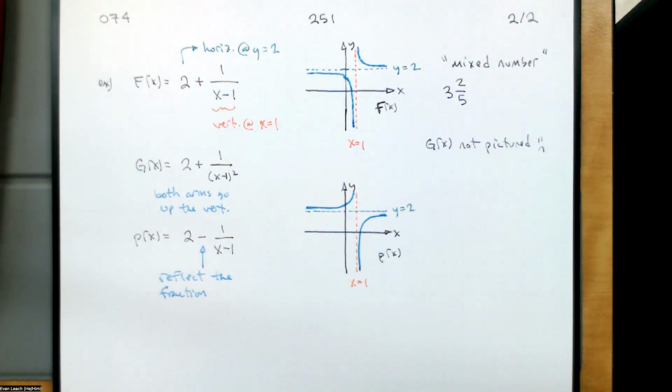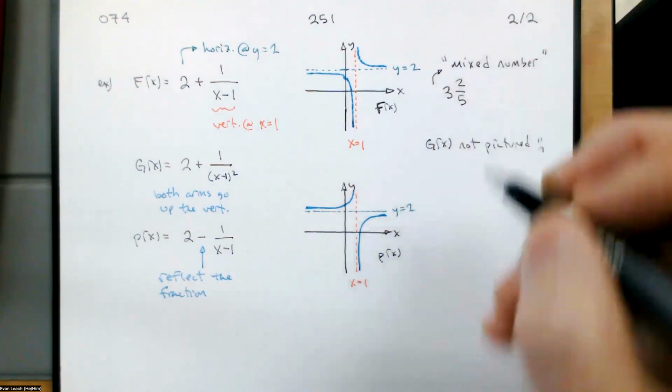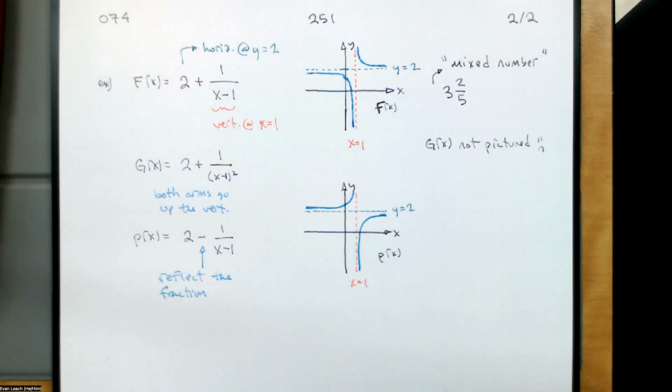It's like the mixed number 3 2/5. So that is a mixed number. There's a whole number and a fraction part.